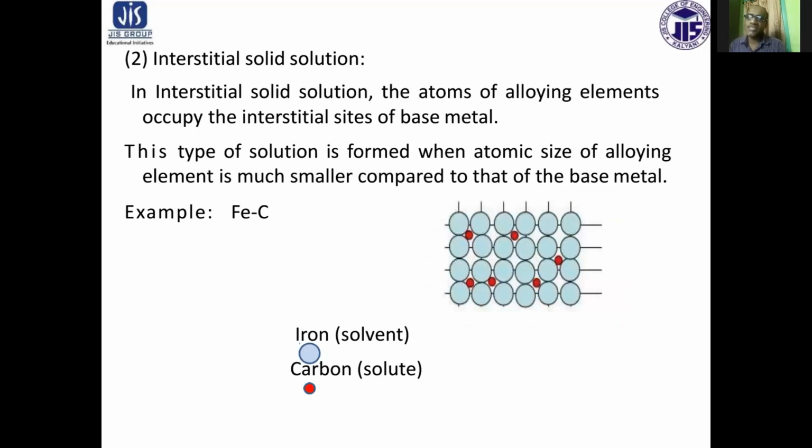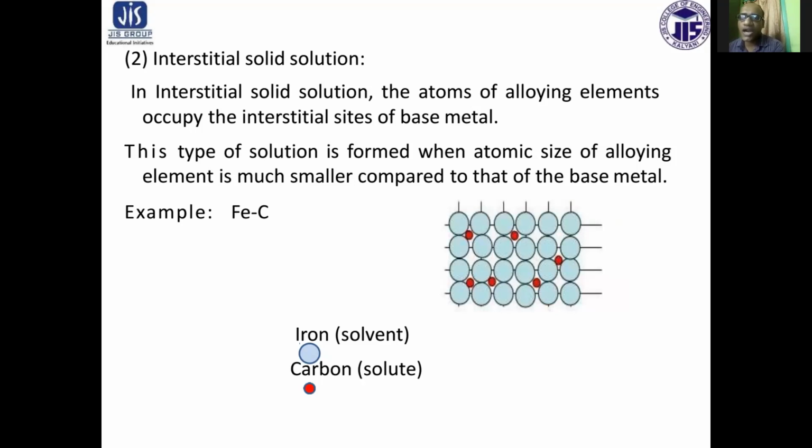The next is another type of solid solution apart from substitutional solid solution, that is the interstitial solid solution. In interstitial solid solutions, the atoms of alloying elements occupy the interstitial sites, that is the vacant sites of the base metal. This type of solution is formed when the atomic size of the alloying element is much smaller compared to that of the base metal.